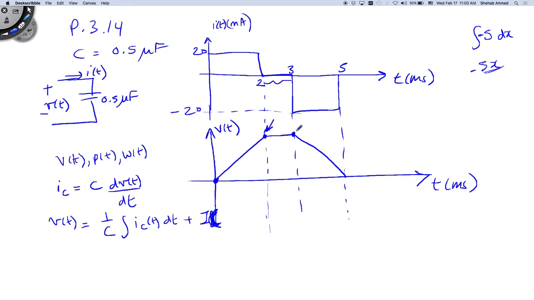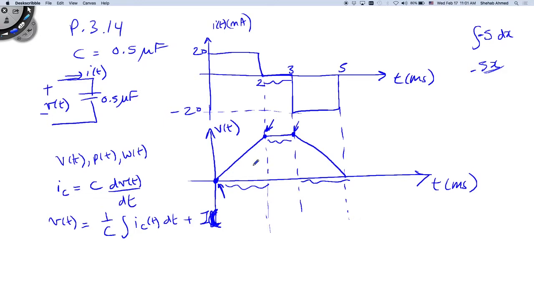For this third phase, this was my initial condition, for this period. And then this is my initial condition for this period. Then this is my initial condition for this period. Right? Was this what's confusing?